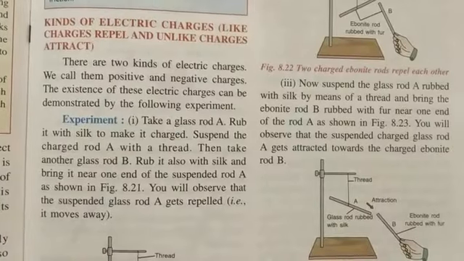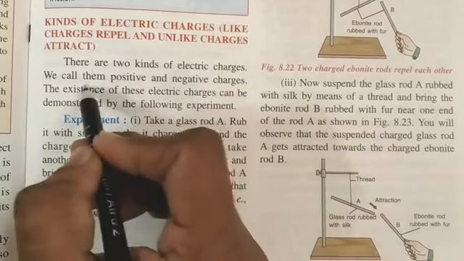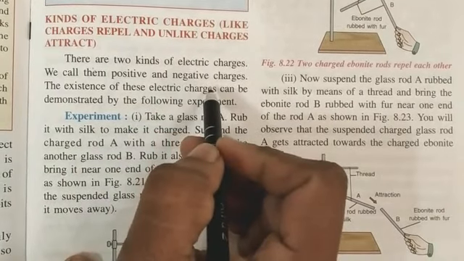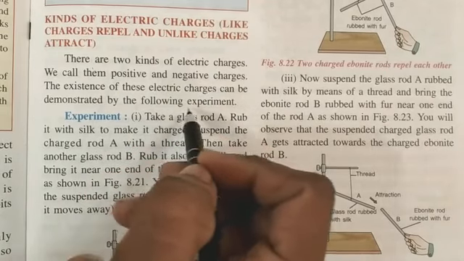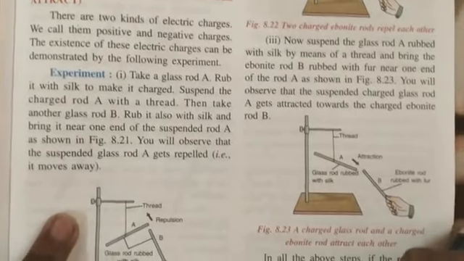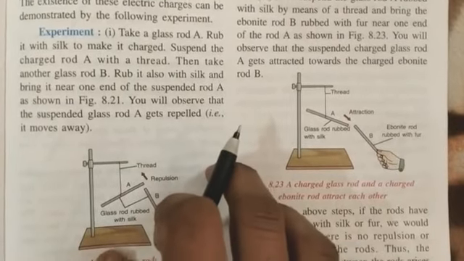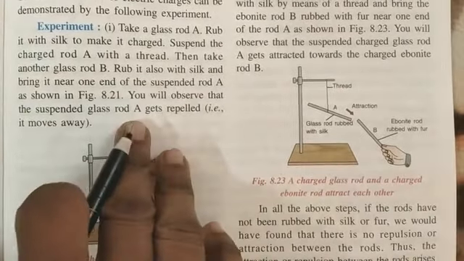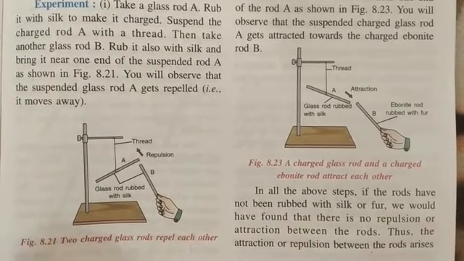Here it is written that there are two kinds of electric charges. We can call them positive and negative charges. The existence of these charges can be demonstrated by the following experiment. Students, one experiment is given here, so I am not going to recite everything written here. With the help of the diagram, I am going to elaborate.